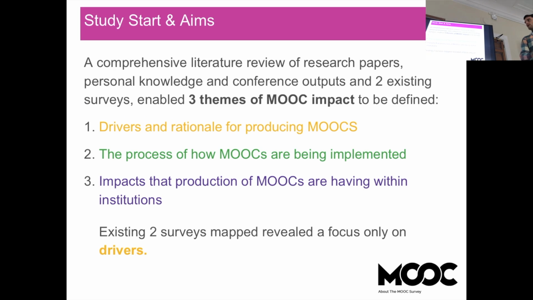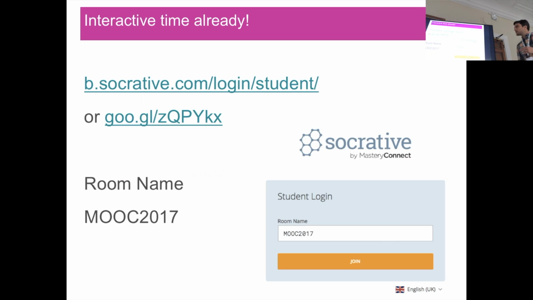So at this point, we're going to start with some of the first questions I started with. So it's interactivity time already, and you can either use the Socrative student app if you happen to have that installed on your device, or use the short link or the full link at the top, and you should get a page that looks a bit like that. The room name is MOOC 2017.